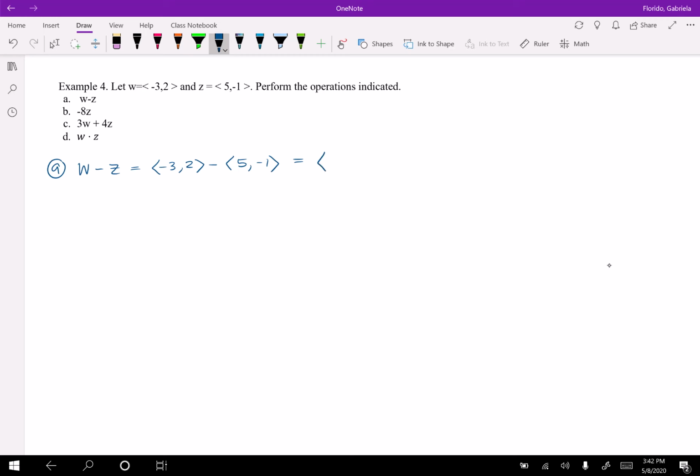And so we're going to have -3 minus 5. And then the second component is going to be 2 minus -1 in this case. So that simplifies to -8, 3. And so vector W minus vector Z has created a new vector, which is -8, 3.